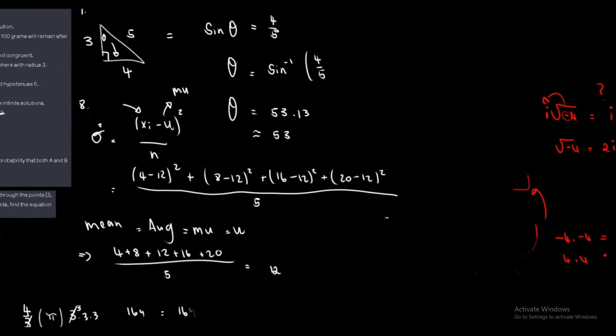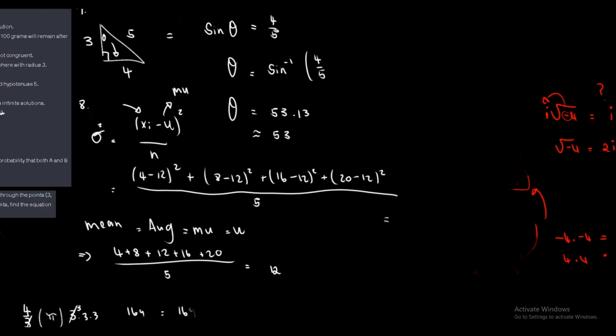Okay, so let's go find our standard deviation. On my calculator, first I'm going to put a fraction. 4 minus 12 is 8 squared. So I'm going to say 8 squared plus 4 squared plus 4 squared again plus 8 squared. We're going to divide this by 5.